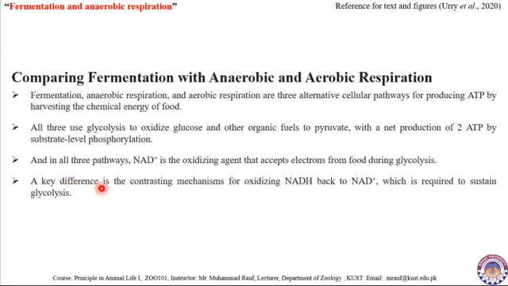A key difference is the contrasting mechanism for oxidizing NADH back to NAD+, which is required to sustain glycolysis. So all these three different mechanisms differ in the way of oxidizing NADH back to NAD+. This is the difference.